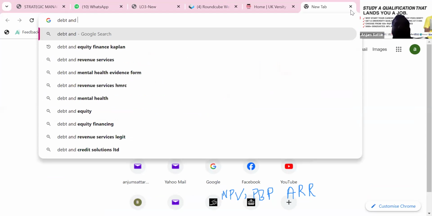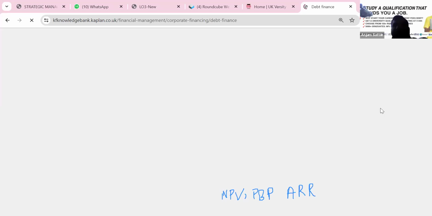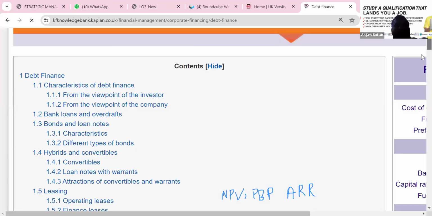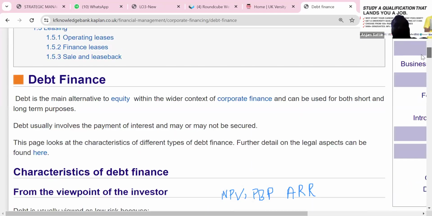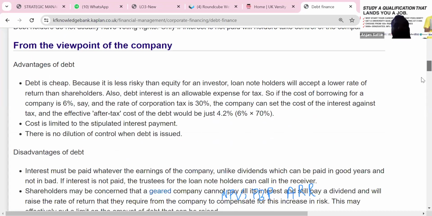equity finance, and we can say Kaplan. Kaplan is, of course, something you all know; we had a discussion. Kaplan is the publisher, and we can find the chapter of the book. Debt financing is the main alternative to equity. We can look at different points of view.